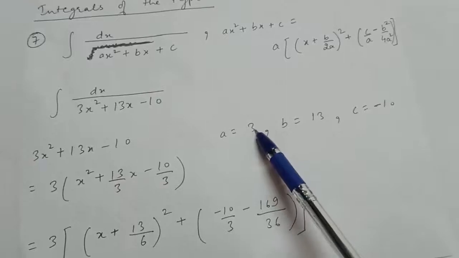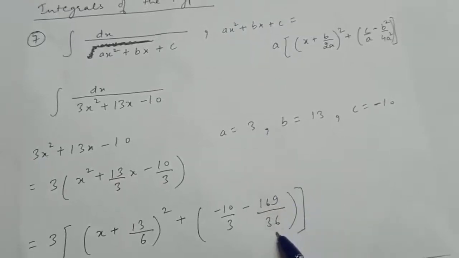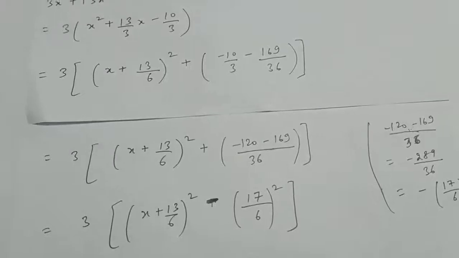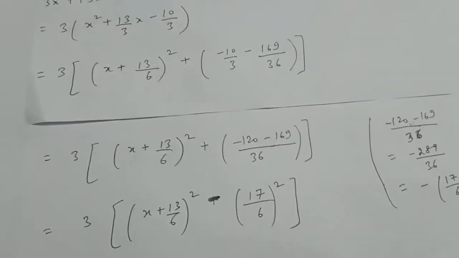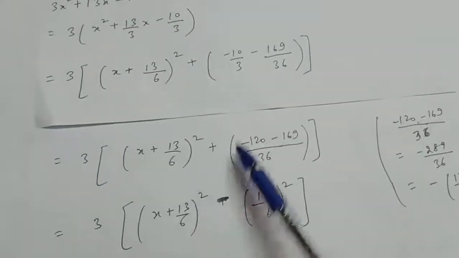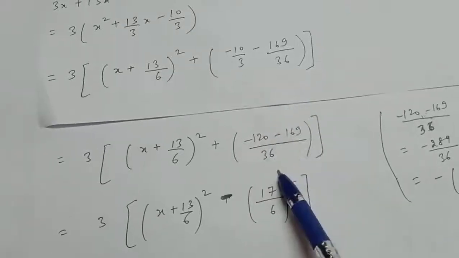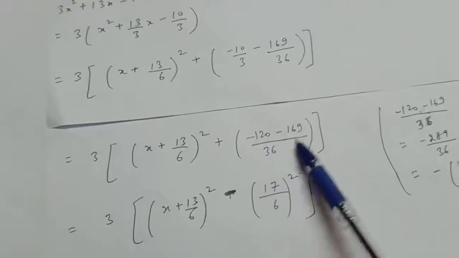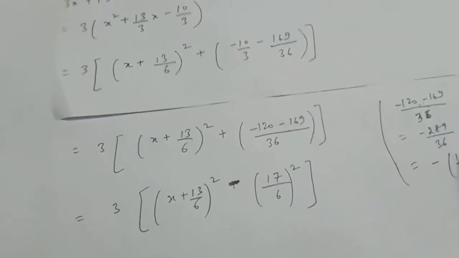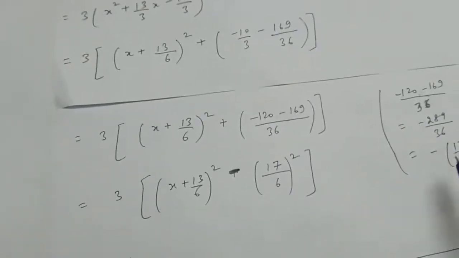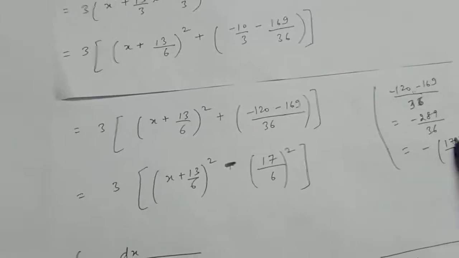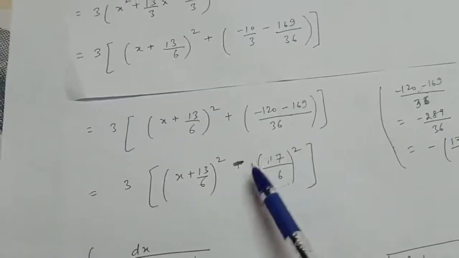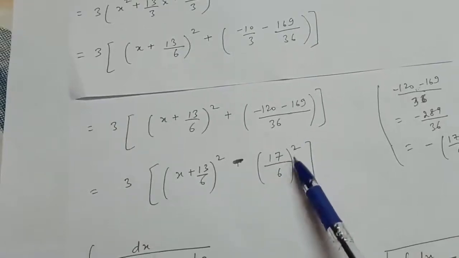So a square is 9, 9 into 4 is 36. So this will be equal to 3 into x plus 13 by 6 whole square plus, take the LCM 36, minus 120 minus 169. Now this will be minus 289 upon 36, which can be written as minus 17 by 6 whole square. So in place of this, now writing minus 17 by 6 whole square.